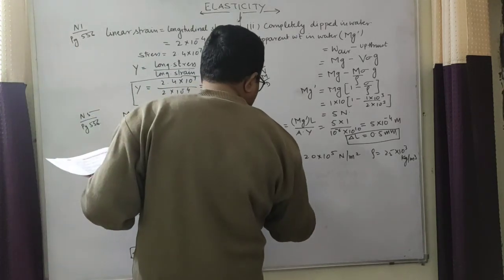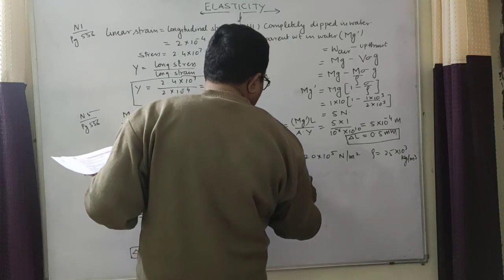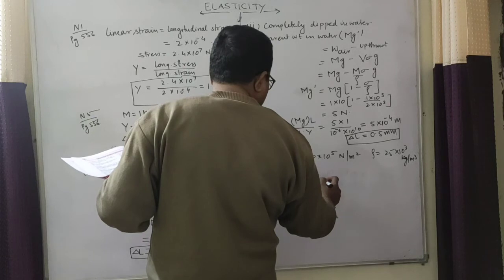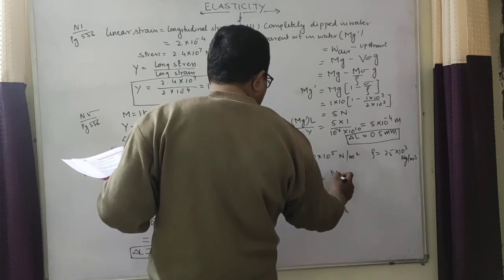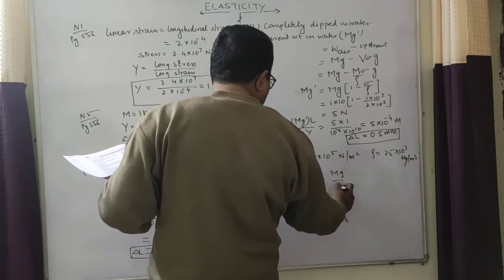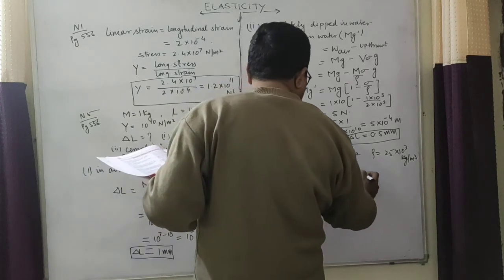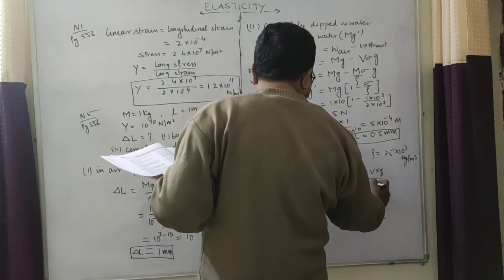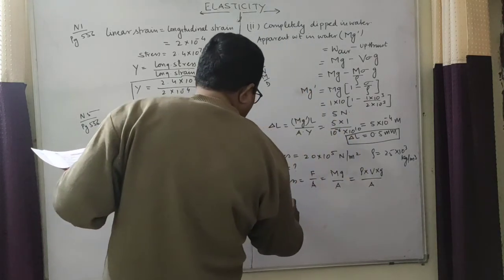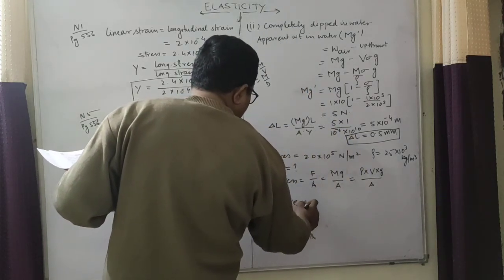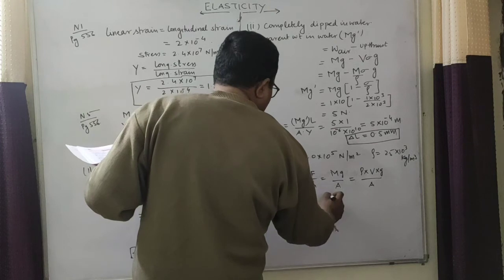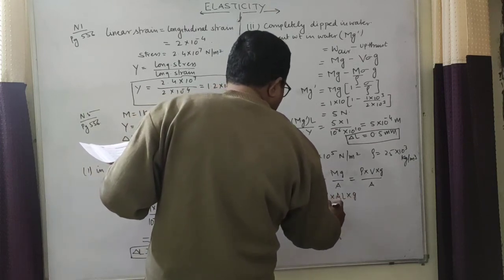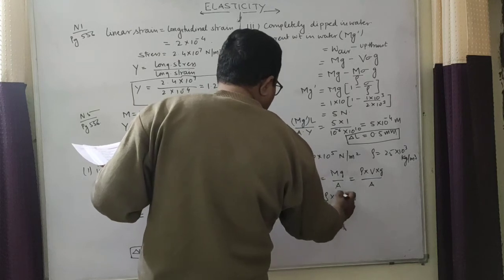So stress is equal to force upon area. Force is mass into gravity upon area. Mass is density into volume into G upon area. So again solving it, stress is equal to density into area into length into G upon area, since area into length is volume. Area gets cancelled out.